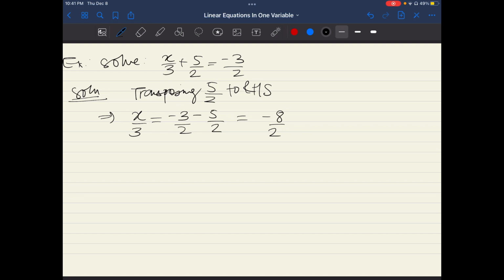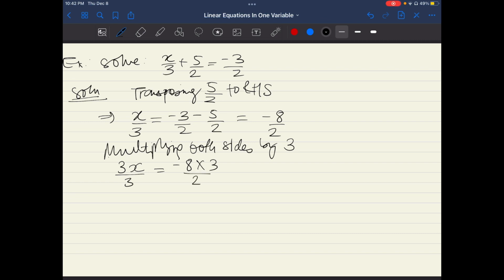Now our second mathematical operation here will be multiplying both sides by 3. We get 3x over 3 equals minus 8 times 3 over 2, which is x equals minus 12.